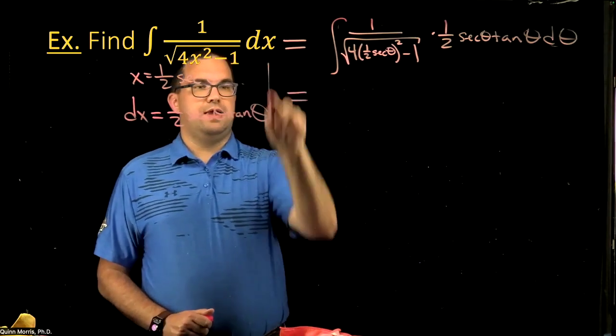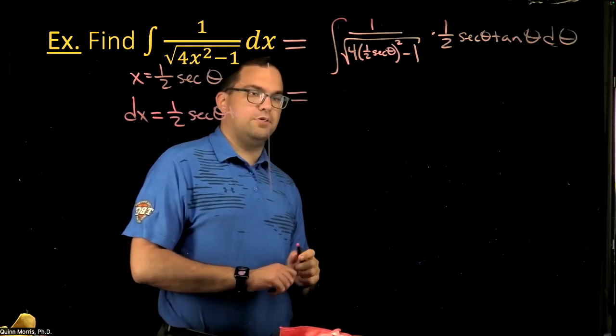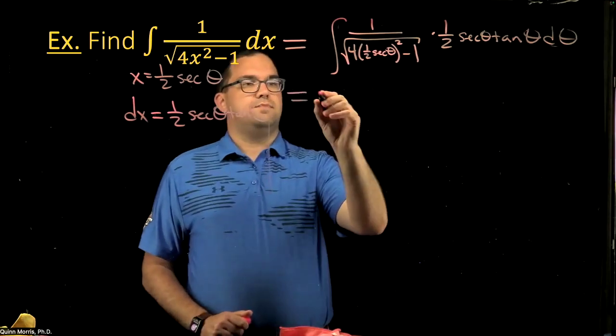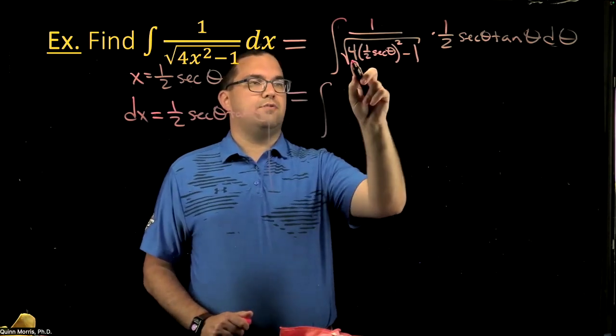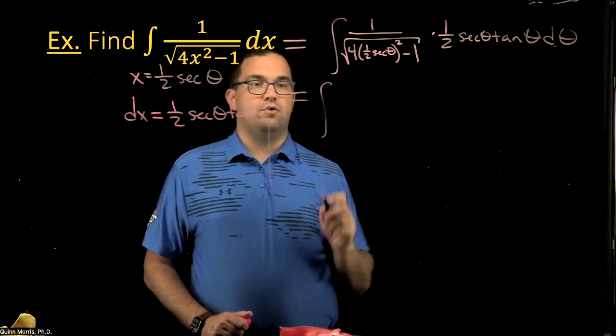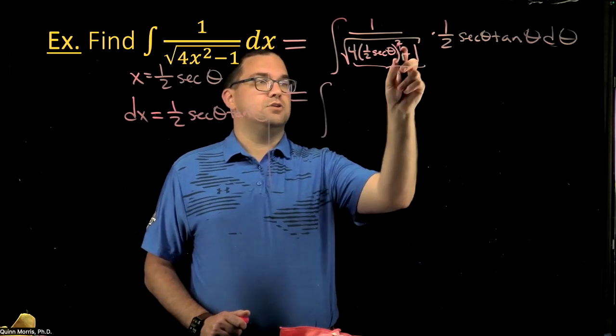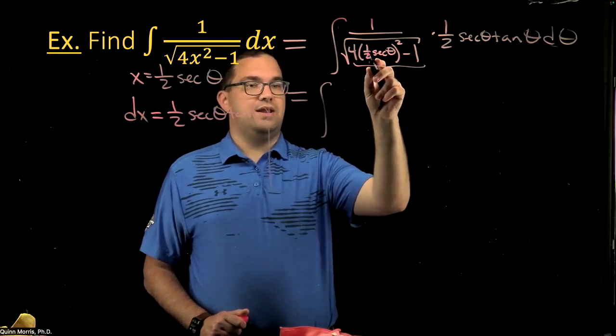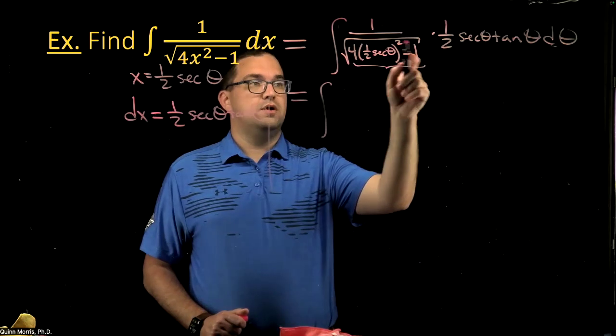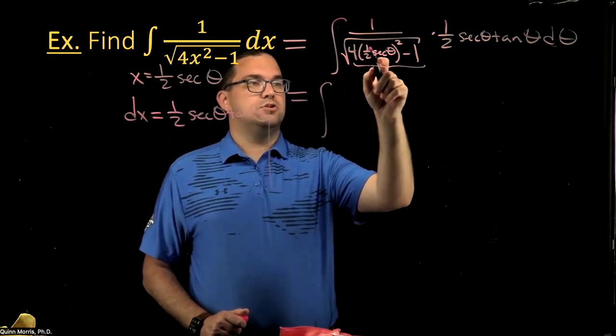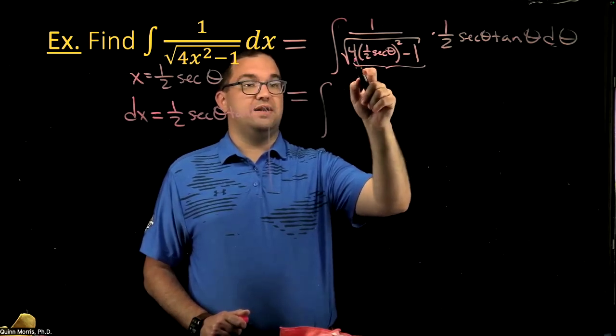So let's see what happens as we simplify some here. This thing in the denominator, right? That's exactly what I had written out before. That should simplify to tangent squared of theta, right? So you're going to square the 1/2. 1/2 times 1/2 is 1/4. And you're going to square the secant. So you're going to get 1/4 secant squared, but times 4.